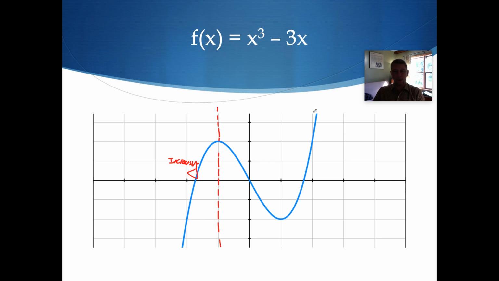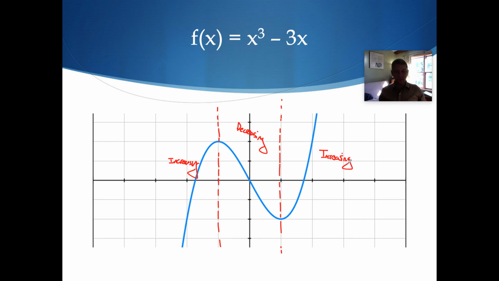Between this point and this point, we are decreasing, and then from here to infinity, we are increasing again. All right, and so there are literally three distinct portions of this graph.